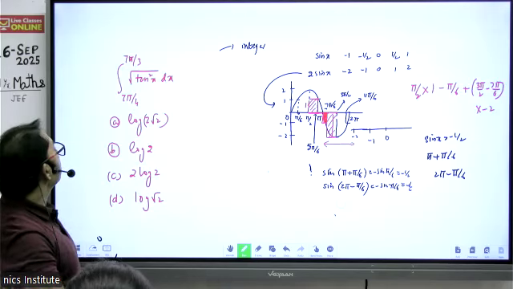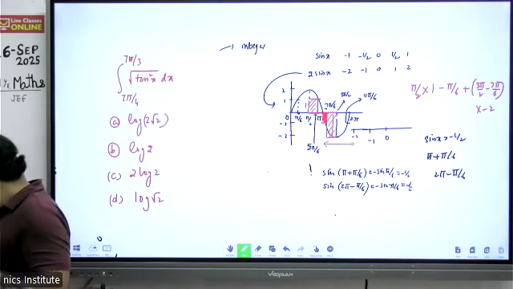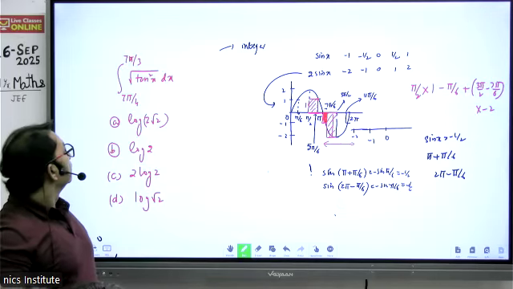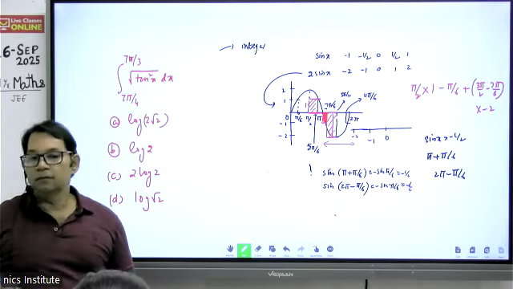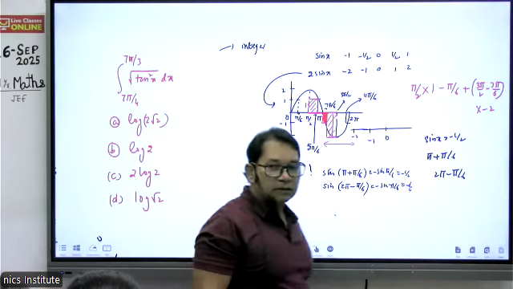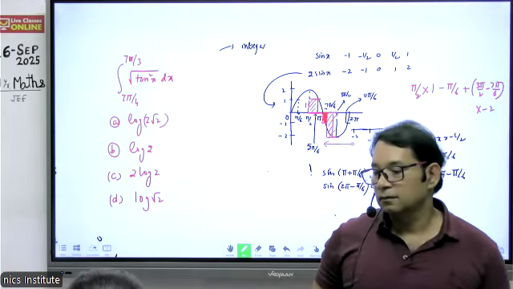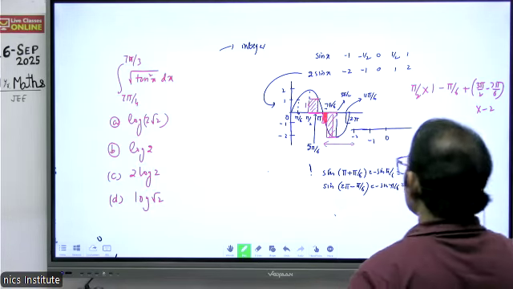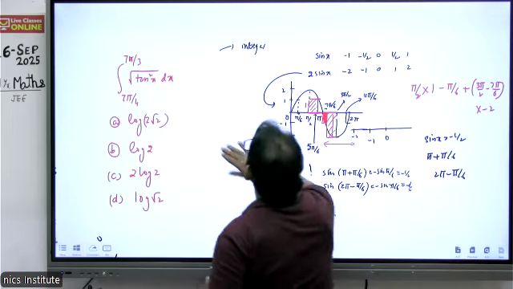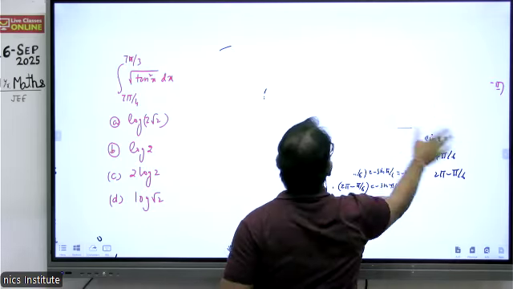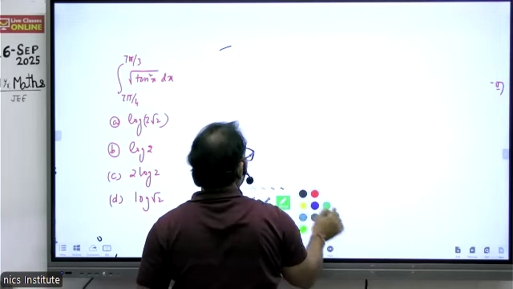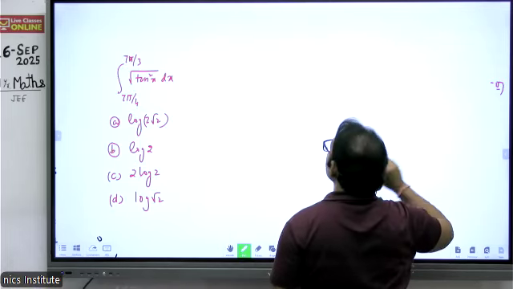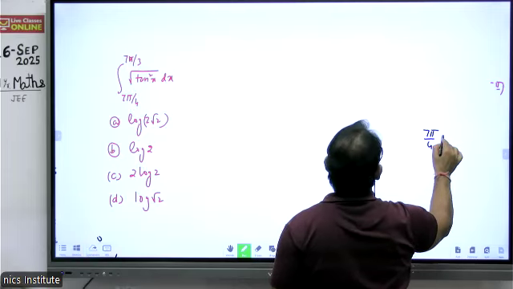7 pi by 4 to 7 pi by 3. Fourth quadrant. 7 pi by 4: pi by 4 is 45, into 7.